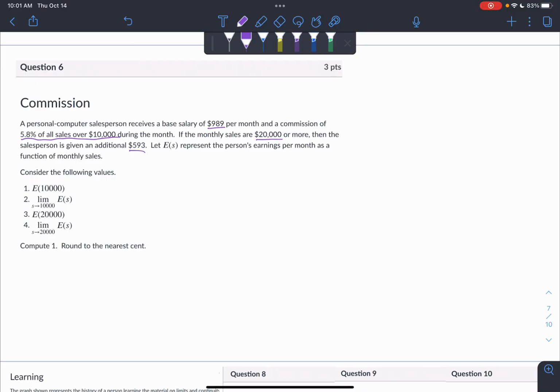So I want some kind of piecewise E of S. Actually, let me write it down here. E of S is a piecewise function, and it's determined by how much sales, in this case S, we do.